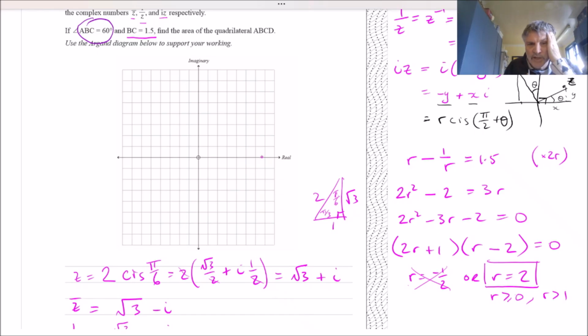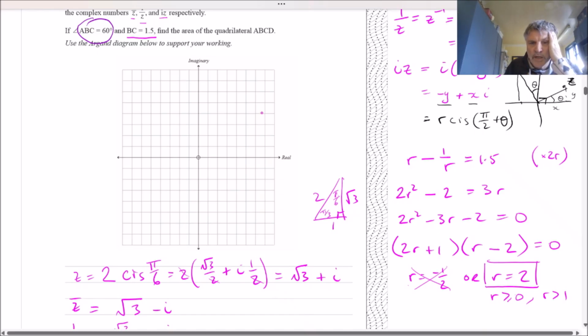I'm just going to be just inside that. 4 of these is 1. So I think I get, this is Z. I'm going to label it by the actual number. We got a point down here, root 3 minus i. We've got a quarter of that, so that's going to be where it intersects on this line here. So we get root 3 over 4 minus i over 4 is this point here.